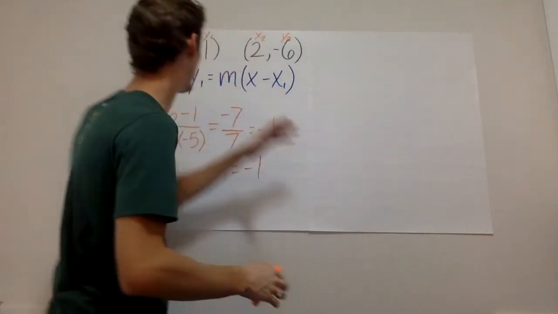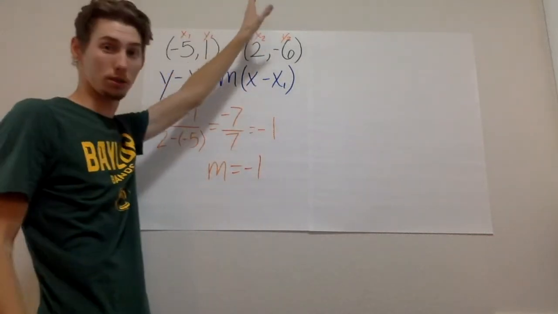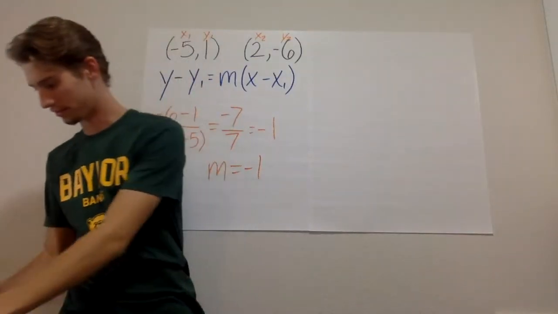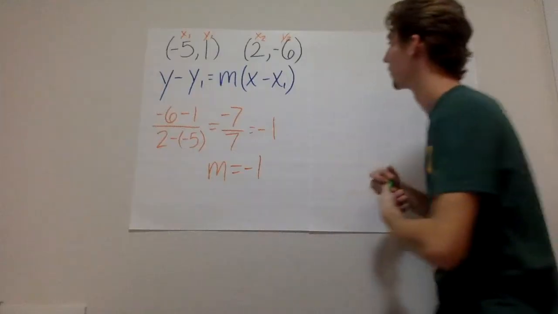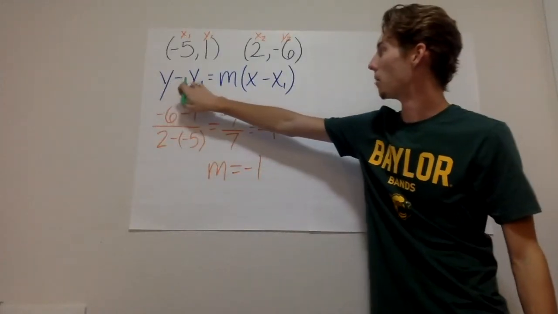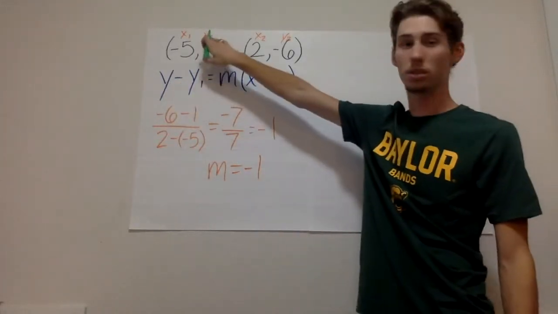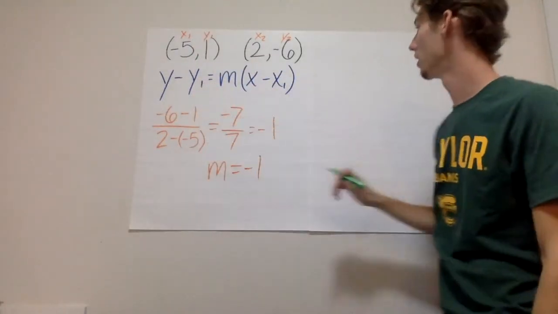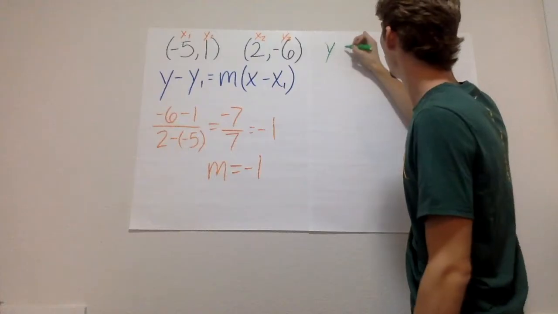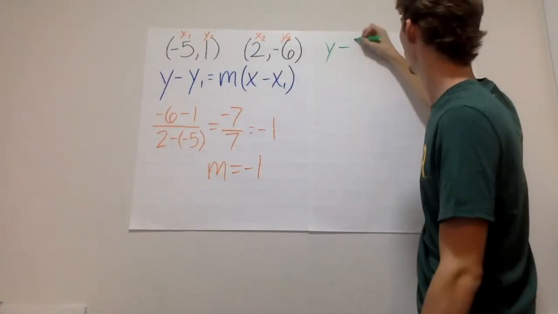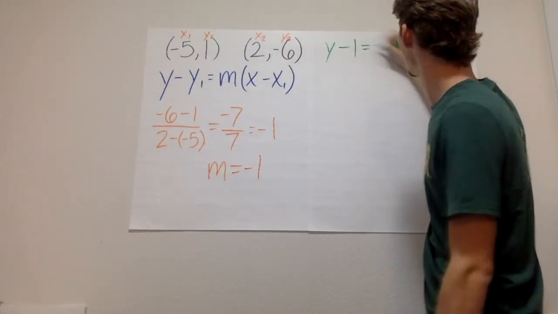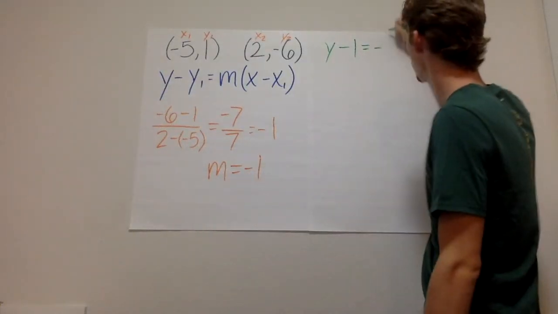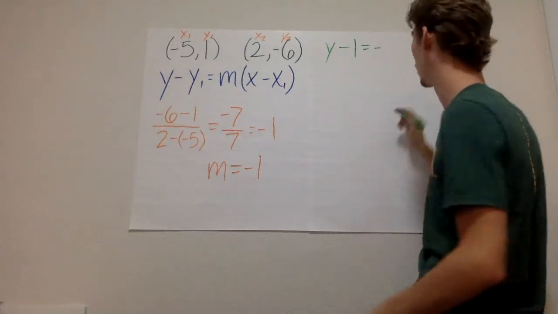So we've got a point, we've actually got 2 points, and we've got a slope. Let's write our equation. We've got y minus y1, and I'm just going to use the same x1 and y1 that I used for this part of it. So we've got y minus y1, which is 1, equals m, which we found to be negative 1. You can put a negative 1, or you could just put a negative sign.